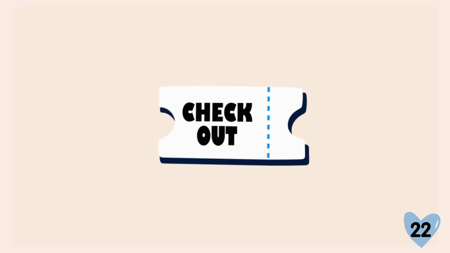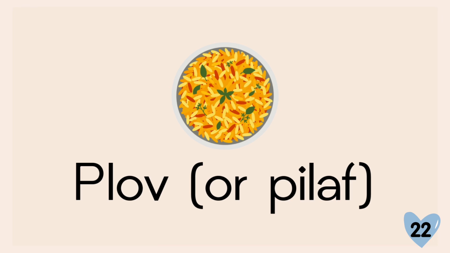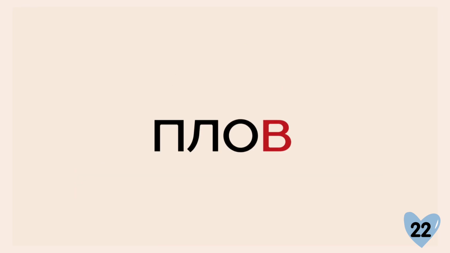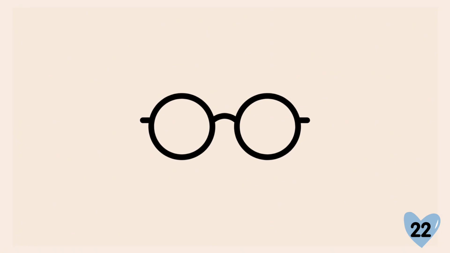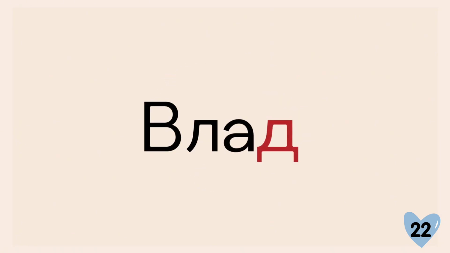Now, let's check out the name of a very popular dish in Russia. Plov. Plov is a rice dish with meat and spices. Try to read this one first. In Russian, that's plov. Now, let's read a longer one. Remember the male name Vlad we met earlier today?